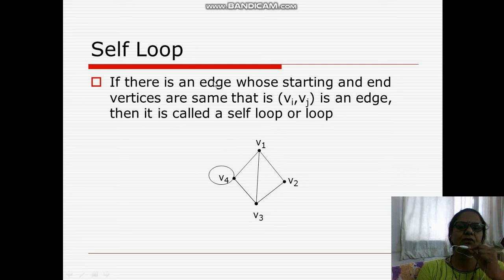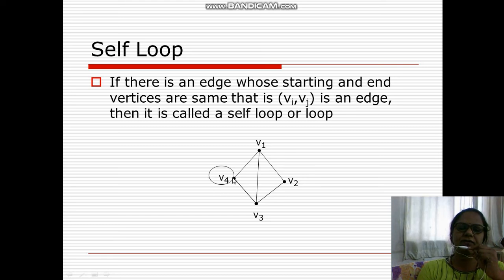Now see the self loop. If there is an edge whose starting and end vertices are the same, that is Vi Vj is an edge, then it is called a self loop. It is starting from V4 and ending at V4.